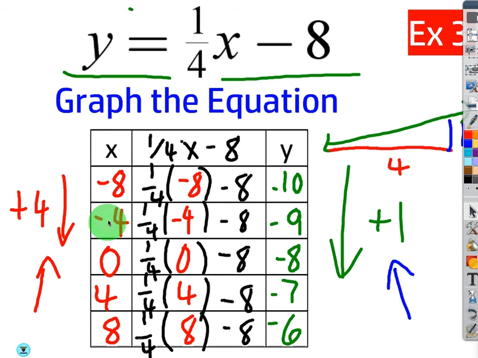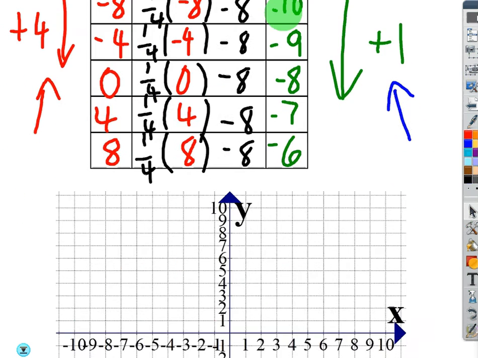Yes, Trista, what were you going to say? Okay, this 1 over 4 is going to influence these numbers. We want to get a whole number back, so if we did negative 2, for example, that would give me a fraction. Plug in negative 8, get negative 10, so on and so forth.